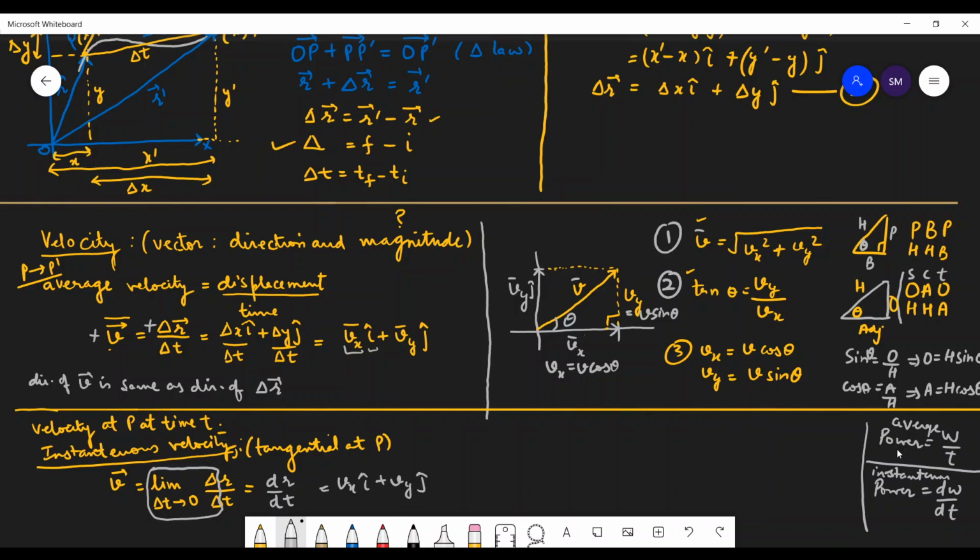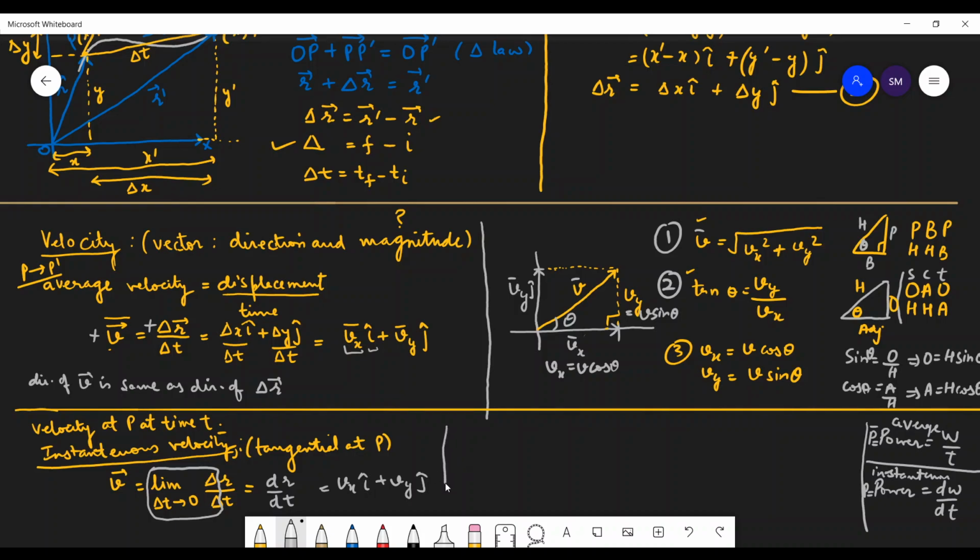In the formula for average power, it was power average, and this would be simply P. Here we had average, here also average, and here there's no bar symbol. So simply that's the difference.